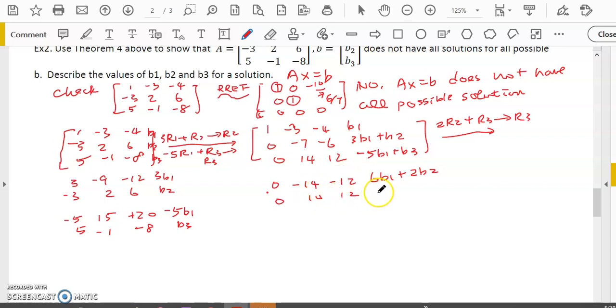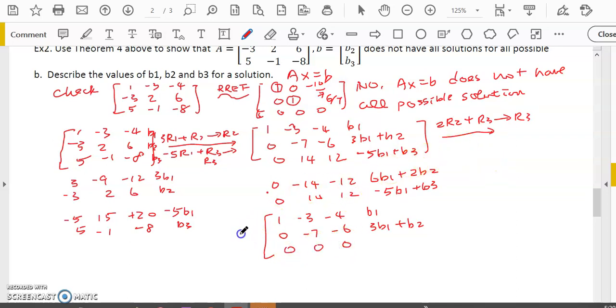This would all be 0, negative 5b1 plus b3, right? So it would end up being 1, negative 3, negative 4b1, 0, negative 7, negative 6, 3b1 plus b2, and then 0, 0, because these are all 0.